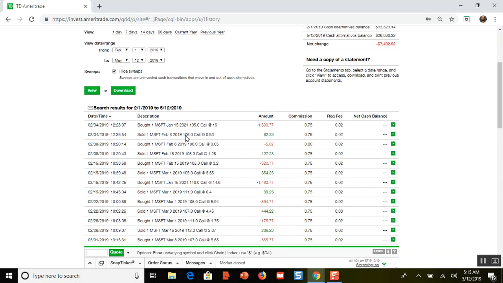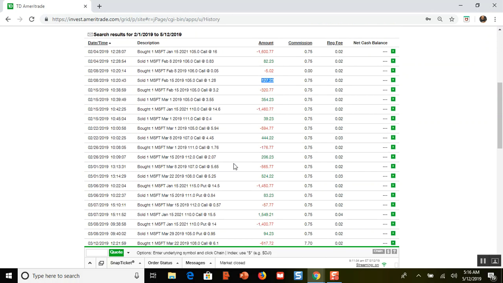Okay, here we go. Back on February the 4th, I entered Microsoft and started trading options. I was doing option spreads, diagonal spreads, and I started out buying a 105 call for $1,600, and then I started selling to open weekly calls. I made money there, bought it back, made money there, and then had to start rolling it up.